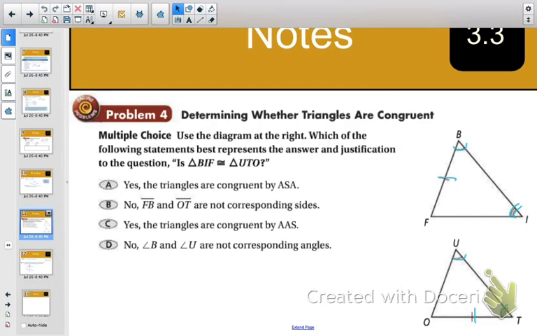However, if you notice, this side FB is not corresponding with this side TO, because B has the 1 mark on it, whereas T has 2 marks on it. So those are not corresponding sides.